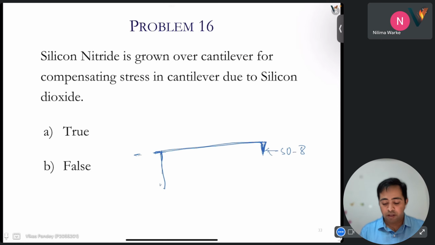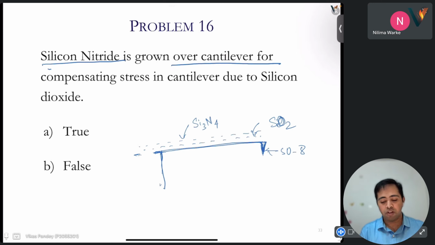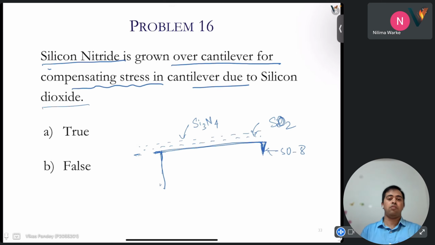On it, SiO2 is deposited, and then over it, silicon nitride, Si3N4, is deposited. So it is saying that this silicon nitride is grown over the cantilever for compensation of stress in the cantilever due to silicon dioxide. Is it true or false?